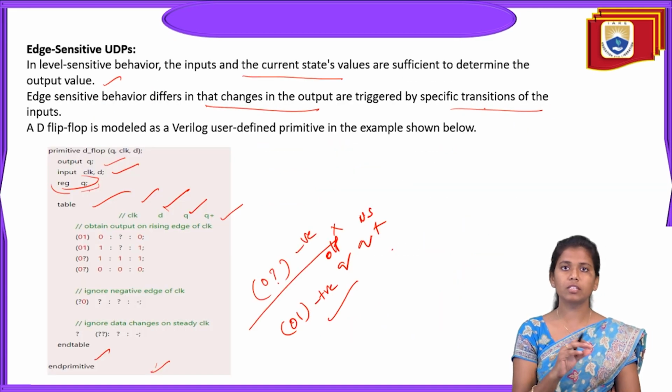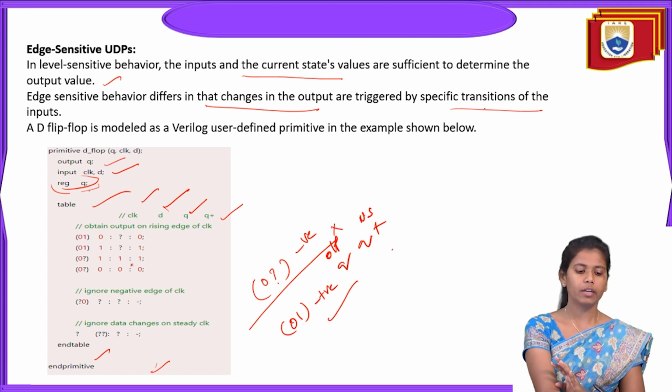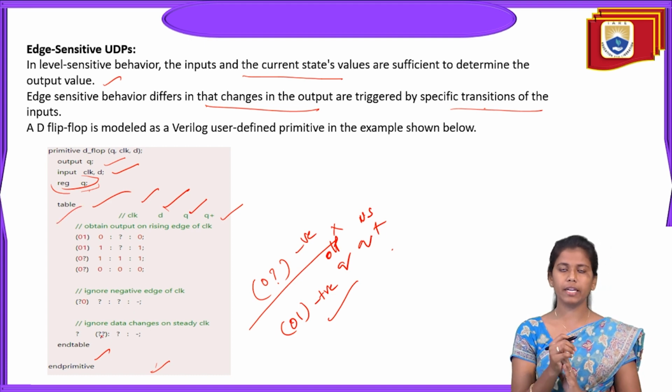Then there is a difference to remember, which is more important: the difference between edge sensitive and level sensitive. In level sensitive, the output is observed as it is, whereas in edge sensitive, we have one more next state, and that state is mentioned in the table. Between table and endtable, we need to mention the next state output as well.